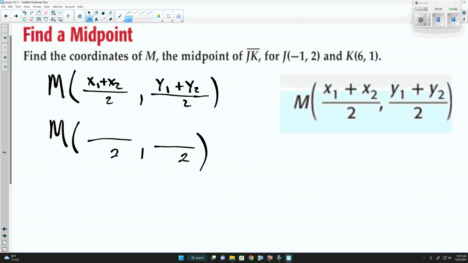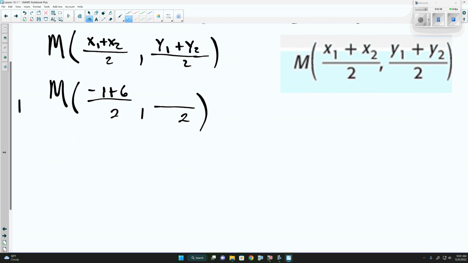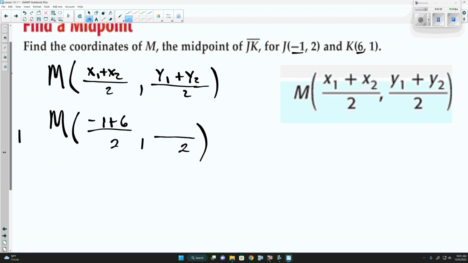Now, unlike slope, for midpoint and distance, the way that we set up the x values doesn't matter. As long as we have the x values together and the y values together, that's really all that matters. So the x values are negative 1 and 6, so we're going to say negative 1 plus 6. And the y values are 2 and 1.